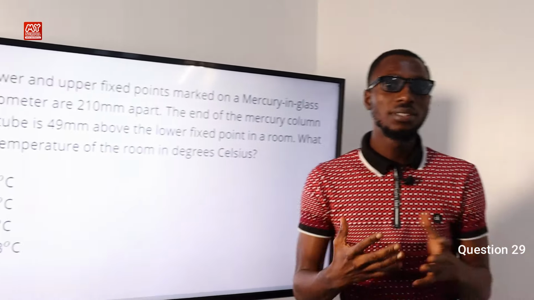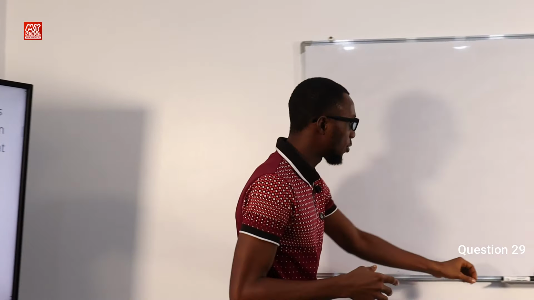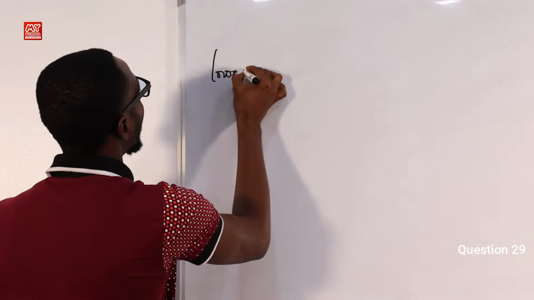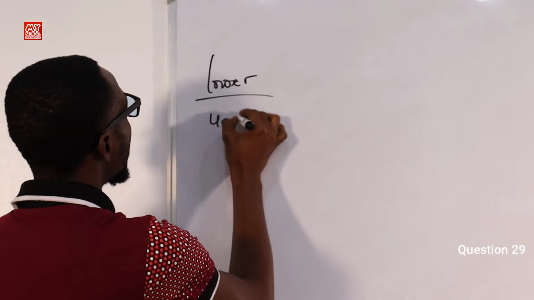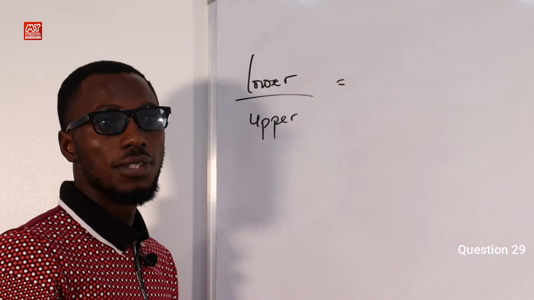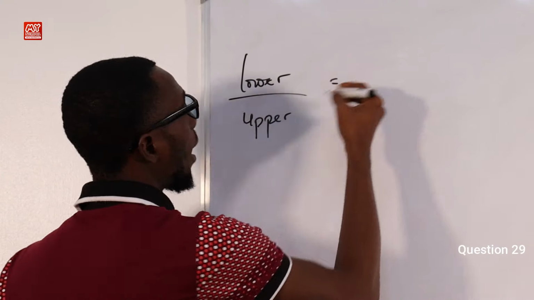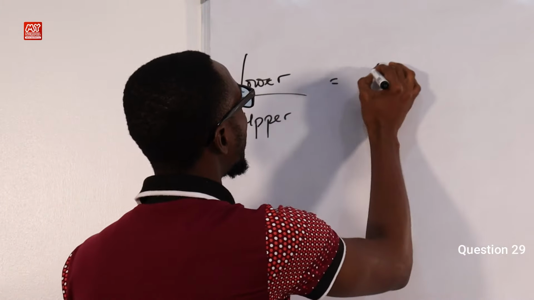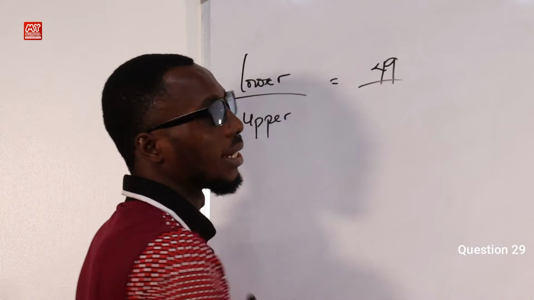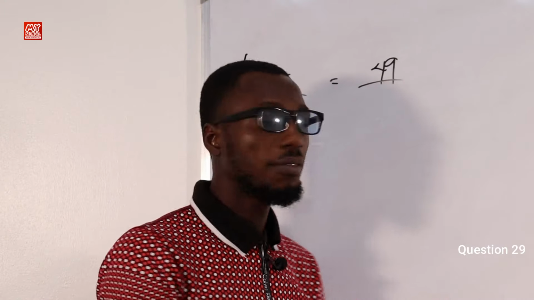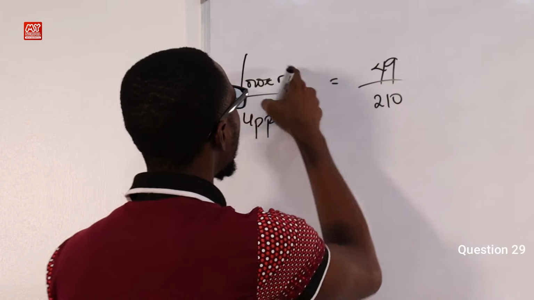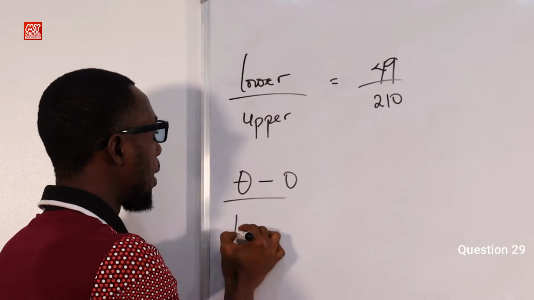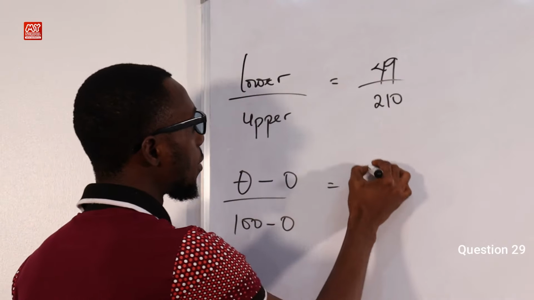So this is just talking about the temperature scale, and you'll be considering the lower fixed point over the upper fixed point, then that point above the lower fixed point. In this question we're given 49, then at the upper fixed point we have 210. So at the lower fixed point we don't know, so we have theta minus 0; for the upper fixed point, that is 100 minus 0, equals 49.